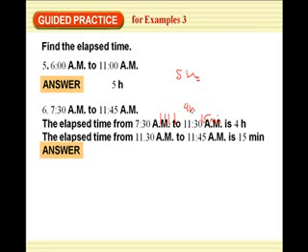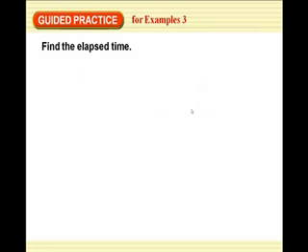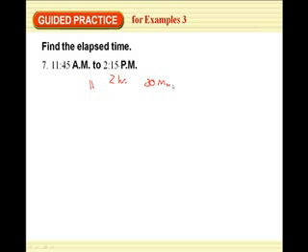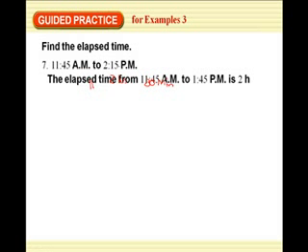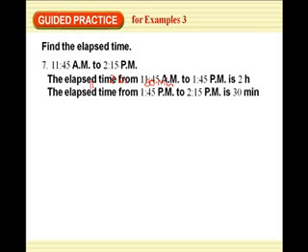There we go. So 11:45, I go 12:45, which would be 1 hour. 12:45, 1:45. So I'm at 2 hours, and from 1:45 to 2:15 is 30 minutes. 2 hours, 30 minutes.